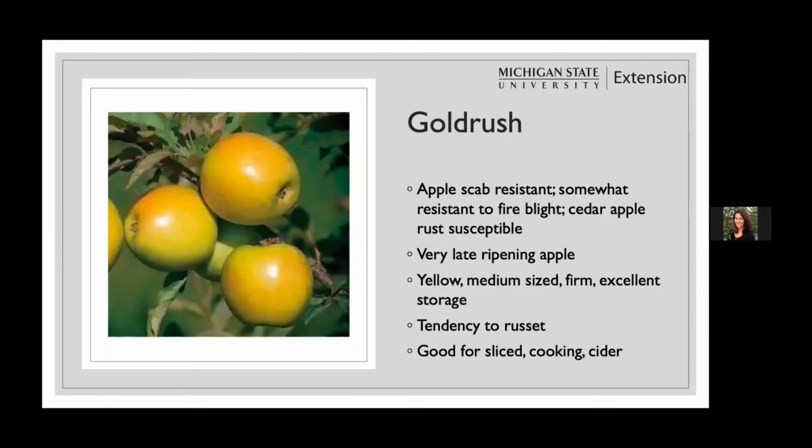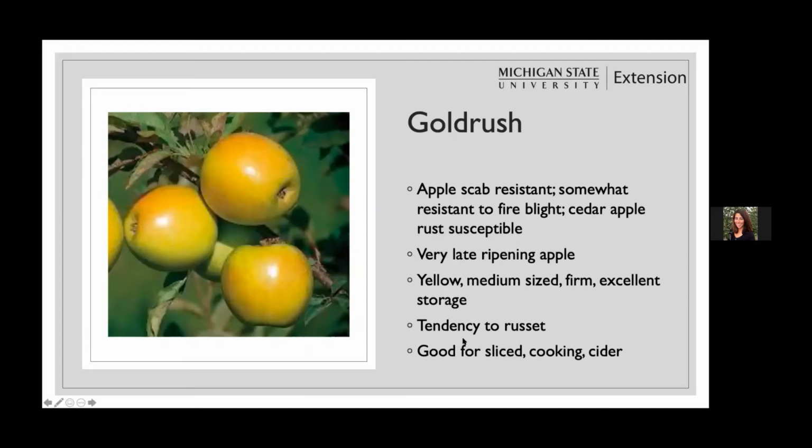Gold Rush, for those of you that are interested in a lighter skinned apple variety, this is a pretty good one. It is apple scab resistant, but it is susceptible to cedar apple rust and somewhat resistant to fire blight. So we're losing some of those qualities in terms of disease resistance with this one. But the flip side of it is that it's a pretty late ripening apple. So if you're looking to stagger harvest, then that could be a good option for you to extend your harvest season.